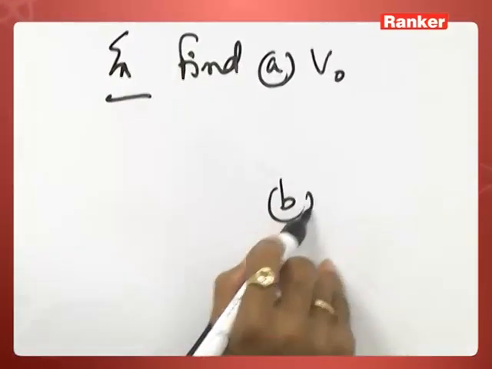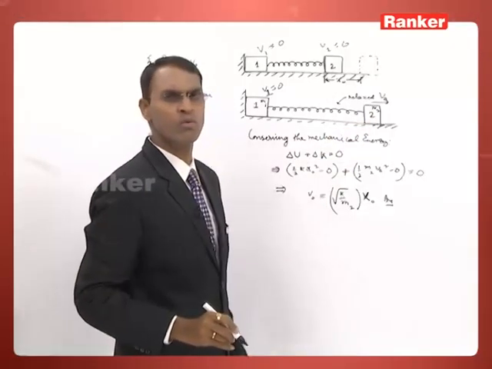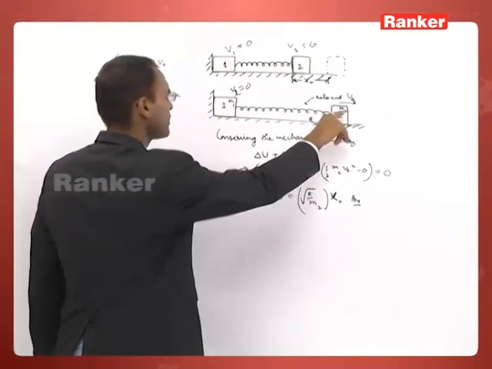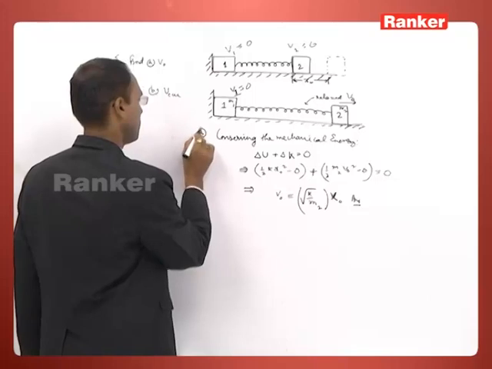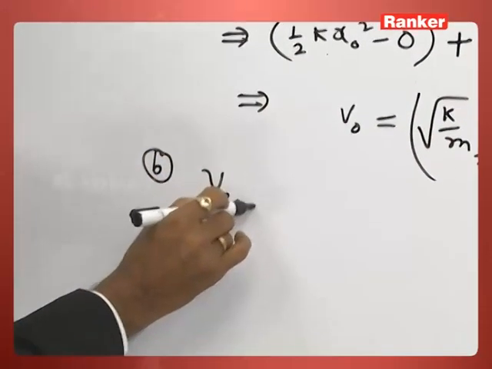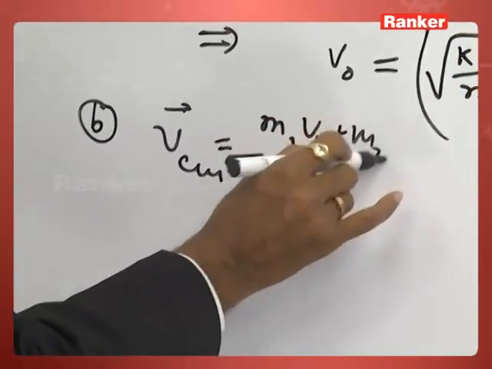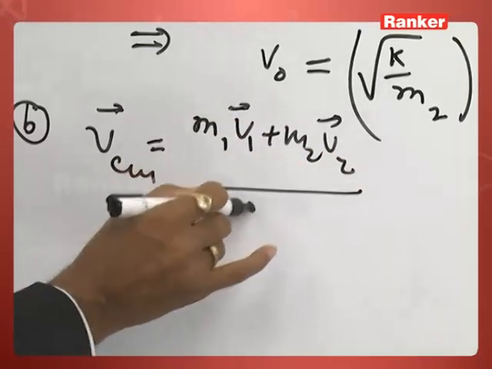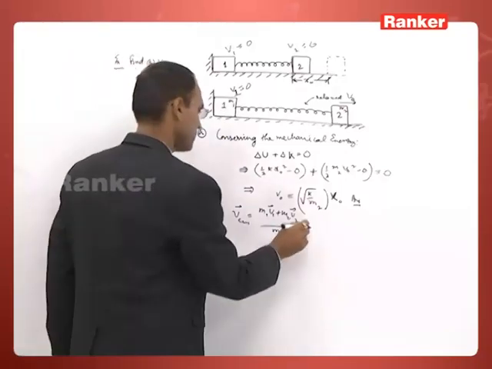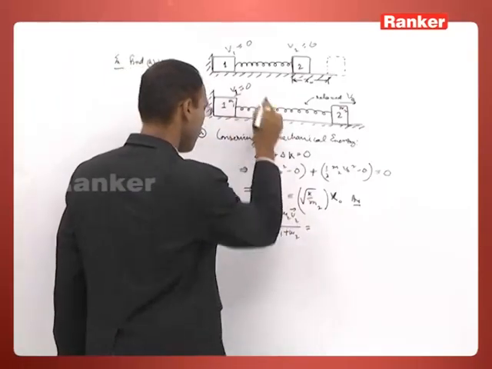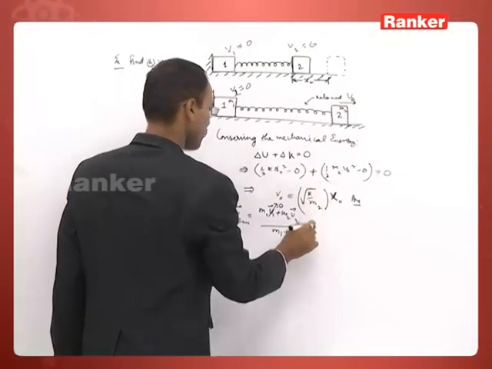Next we can find the velocity of the center of mass when block 2 has this velocity v naught, or block 1 is about to lose contact with the vertical wall. Velocity of center of mass is equal to m1 v1 plus m2 v2 by m1 plus m2. Here v1 is equal to 0, and v2 is equal to v naught.